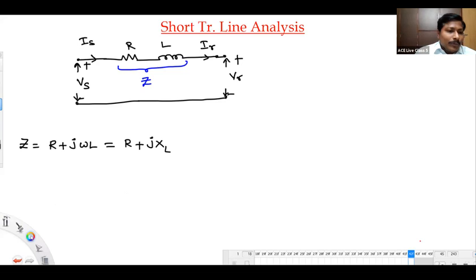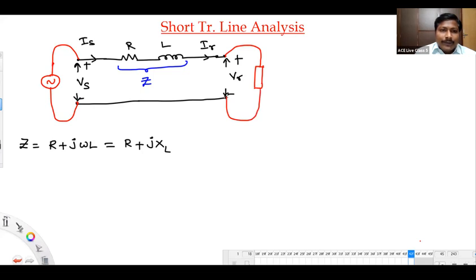At this side, you might have a voltage source, and this side, you might have a load. Okay, voltage source and load.